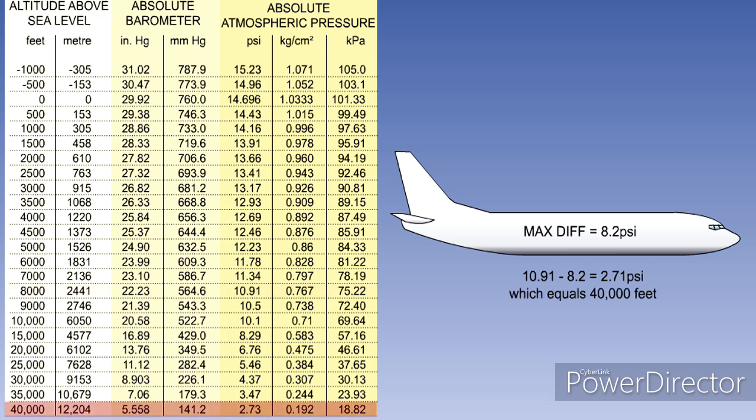We can see from the chart that this equates to just a touch over 40,000 feet. Thus, an aircraft with a maximum differential pressure limit of 8.2 psi will have a maximum operating altitude of 40,000 feet. This is, of course, the pressurization limit. The aircraft's maximum altitude may be further limited by other factors.